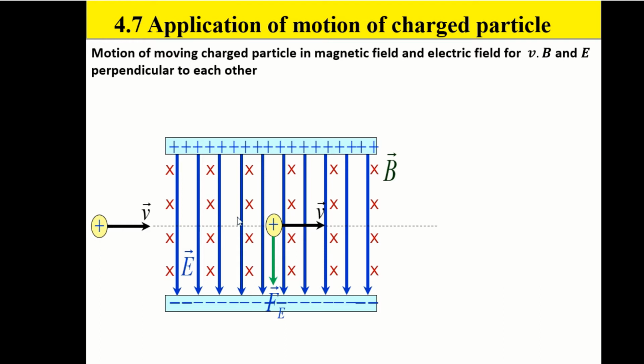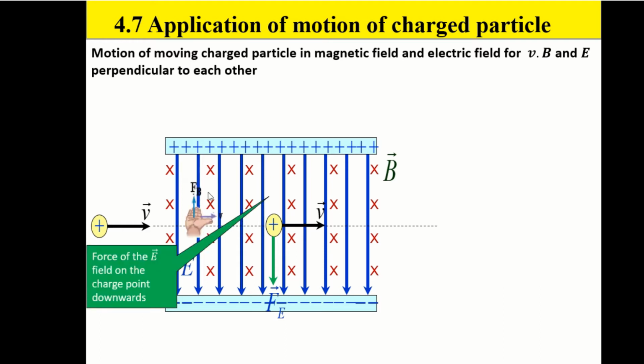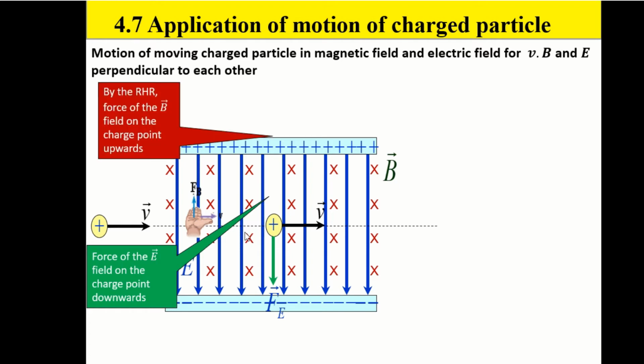By using the right hand rule, we know that the direction of the magnetic force is upward. The thumb represents the velocity of the charged particles.